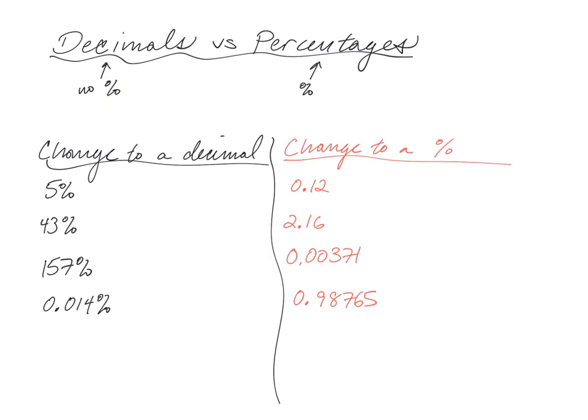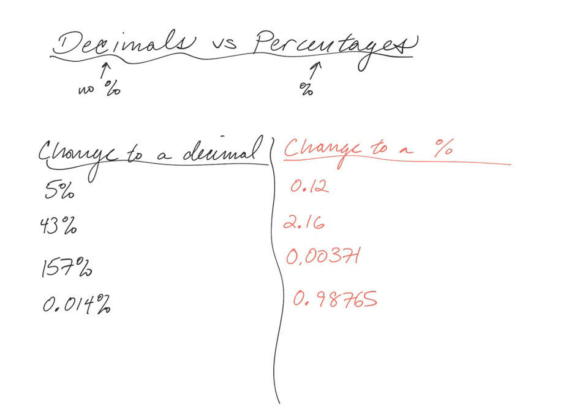Interest rates are generally given as percents, and you'll know it's a percent because there will be a percent sign after it. But when you use that percentage in a mathematical setting, say a formula, you'll have to convert it to a decimal in order for the percentage to make sense to math.